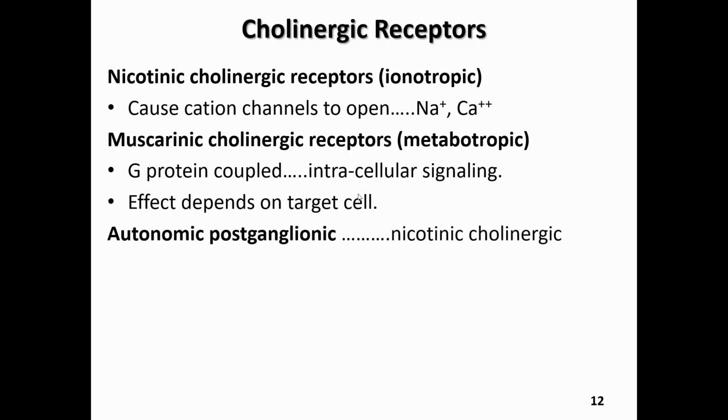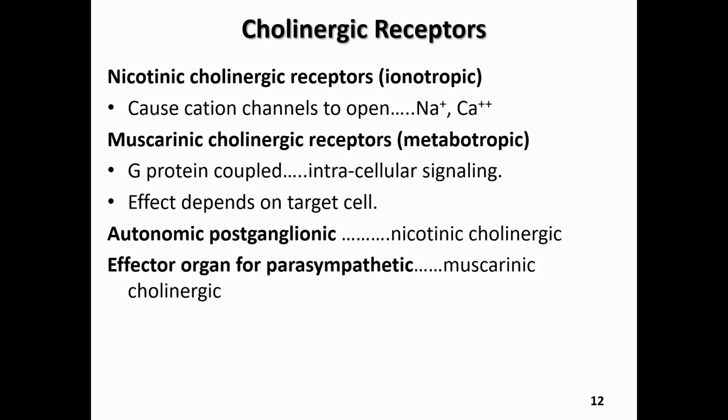Autonomic postganglionic neurons are typically nicotinic cholinergic, where the effector organ for the parasympathetic branch is considered muscarinic cholinergic as well, while skeletal muscle is considered to have receptors that are nicotinic cholinergic.